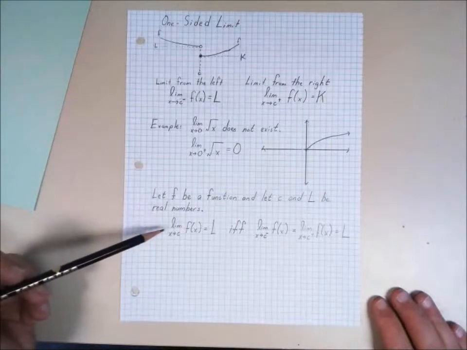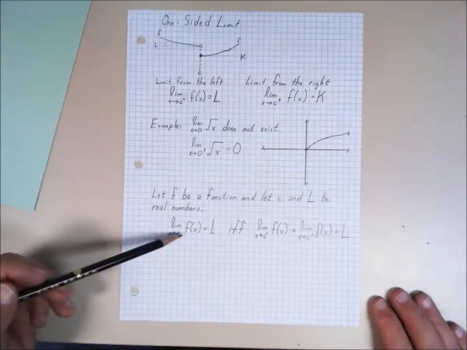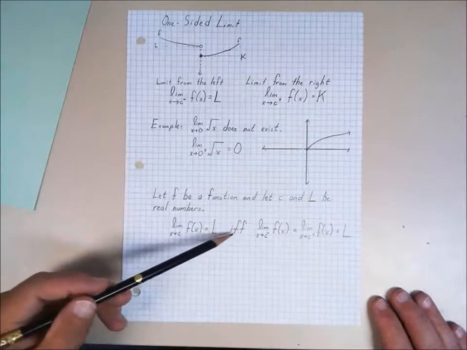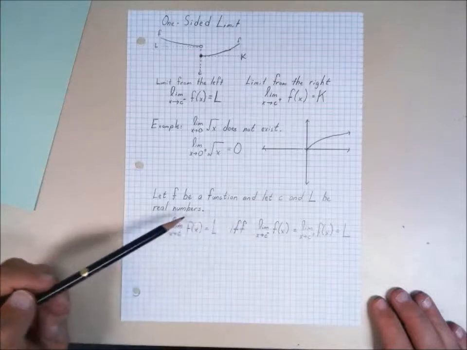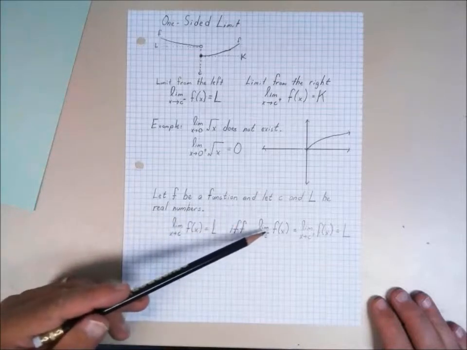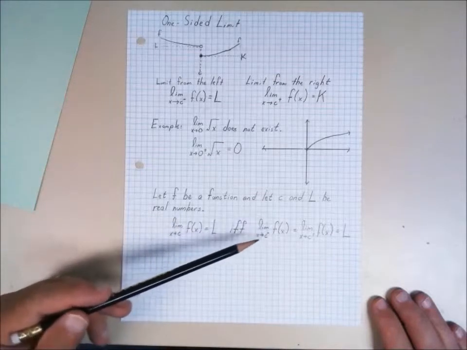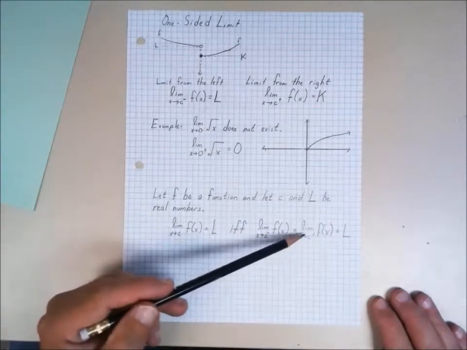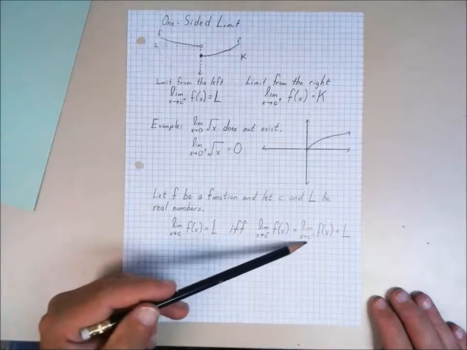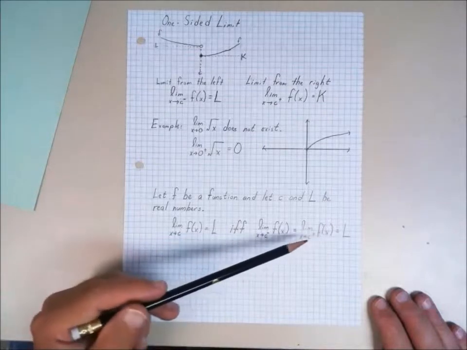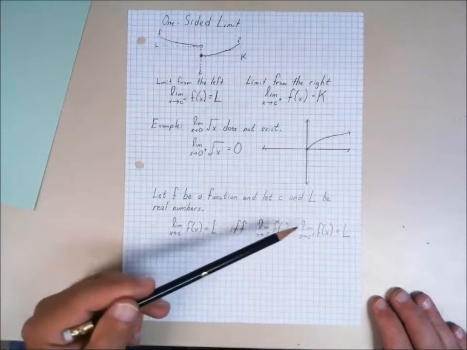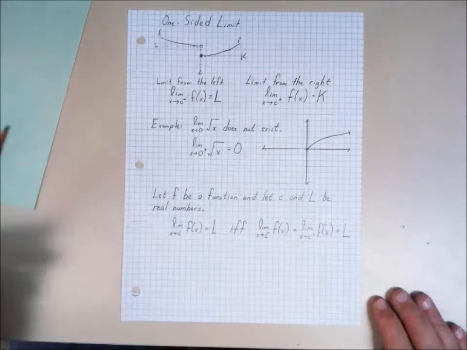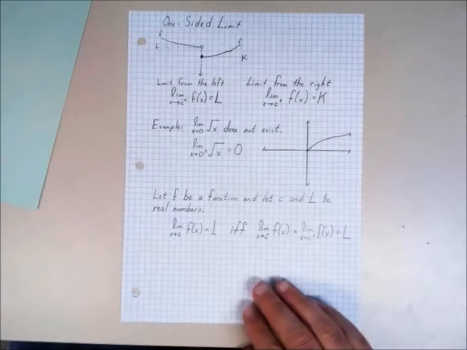So we know that the limit as x approaches c of the function f of x equals L if and only if, that's why I have the double f, if and only if, that means it goes back and forth, the left-hand limit, the limit as x approaches c from the left of this function, is the same as the limit as x approaches c from the right of that function, which are both equal to L. So if these two exist and they both equal L, that means the limit exists, and that limit is L.